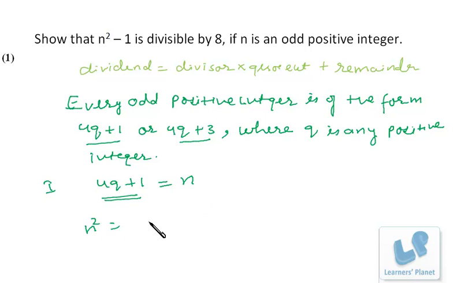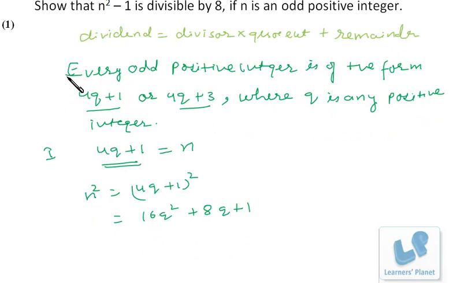So n square will be 4q plus 1 whole square. So that's 16q square plus 8q plus 1, right? Now, if I deduct 1 from both the sides, because I have to get n square minus 1, n square minus 1 is 16q square plus 8q, right?